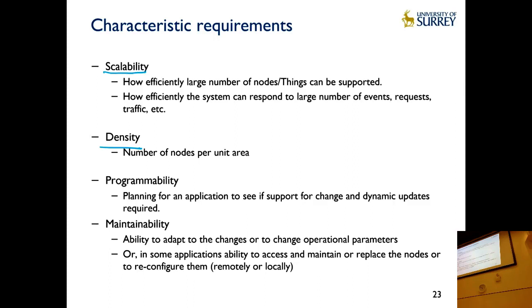So part of IoT systems, whether you like it or not, is that you need to think of the environment your sensors are going to be deployed in and the characteristics of that environment, because they will have an impact on your application. And we have discussed programmability and maintainability: how easy it is to maintain your system, to update it. Like in Contiki, we discussed there are some features. You can do dynamic programming, you can load your program, change the program remotely.